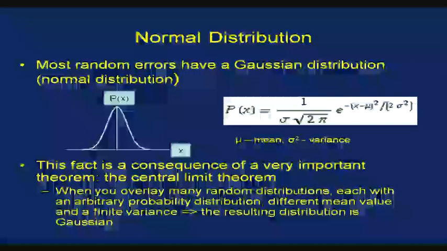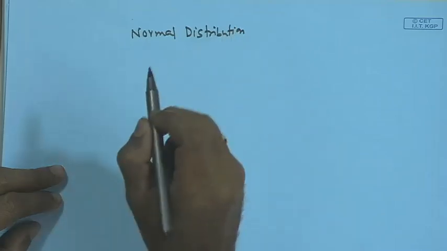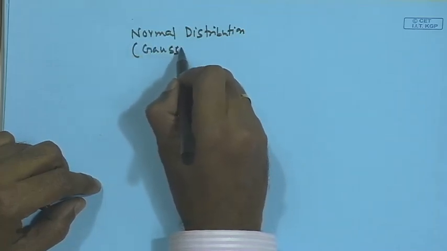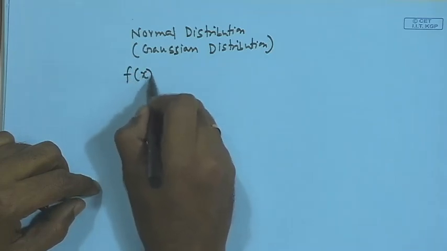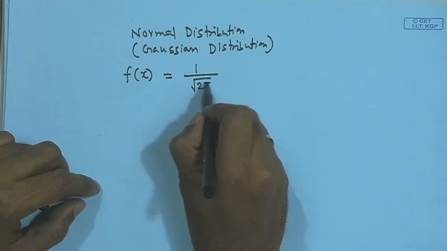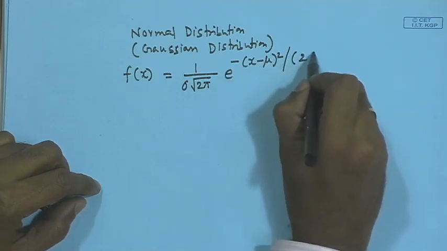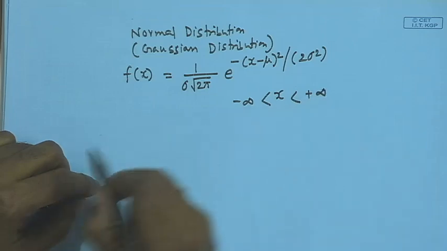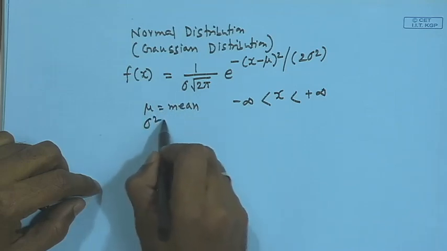So, the normal distribution or Gaussian distribution, which is defined as above, where mu is mean and sigma square is variance.